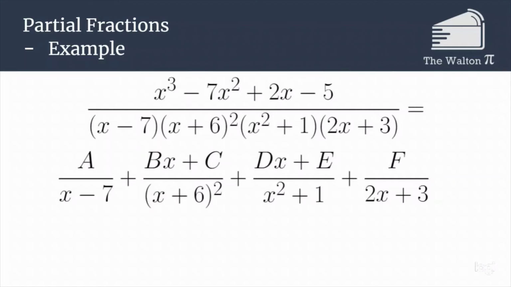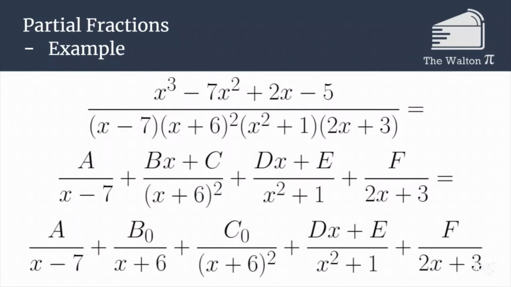Now, something that you might see in other books, depending on how they approach partial fraction decomposition, is when we have something where we have a repeated root. In other words, this situation where we have x plus 6 all squared, they break that up as an x plus 6 and an x plus 6 squared term, and then those are just going to be constants on the top, because the base term, so the simplest way we could write the term is x plus 6, that's a linear term, so linear has constants on the top, and then you just have one different fraction for each power of that.